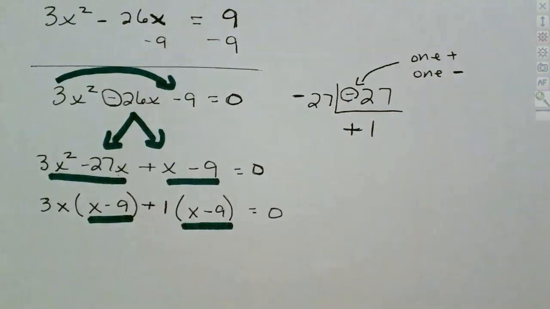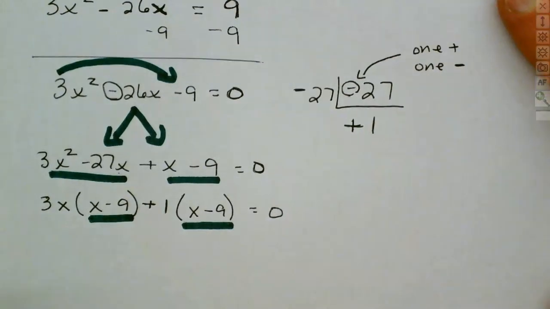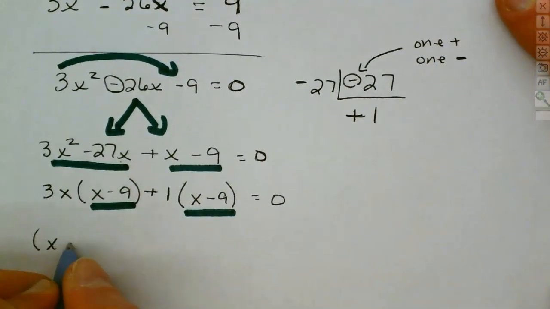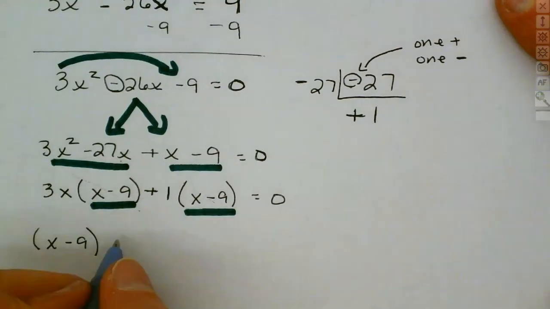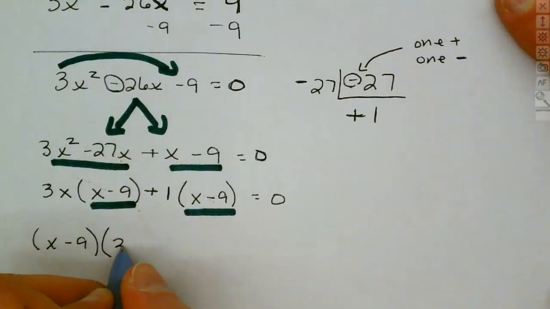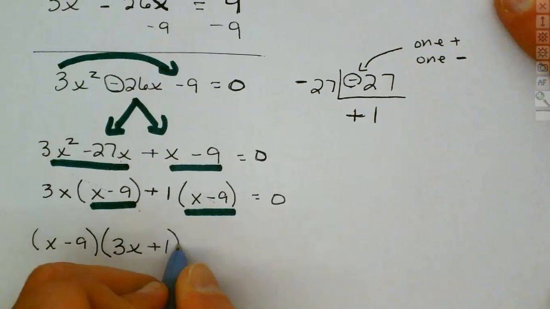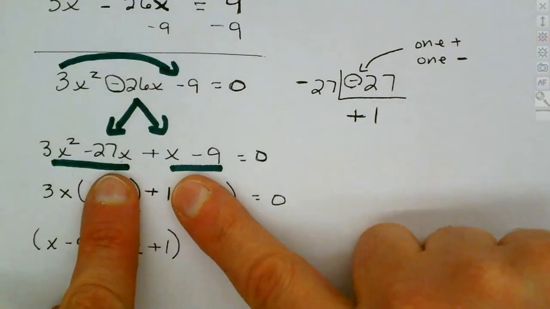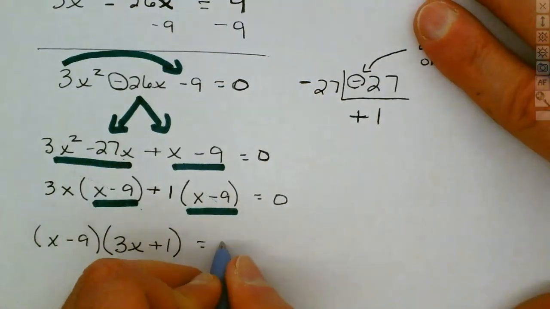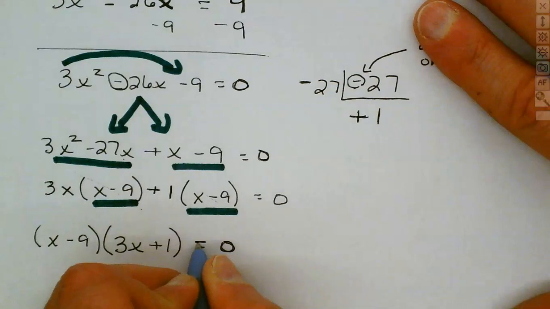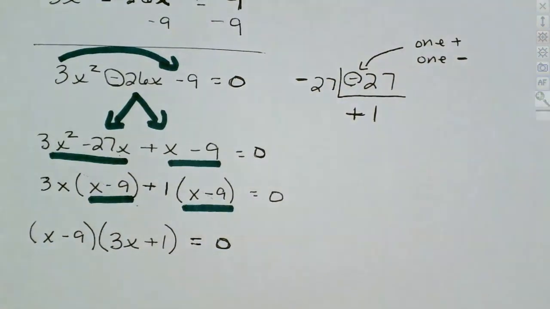Are our parentheses exactly the same? Yes. So an x minus 9 comes out in front. And that's gone, and that's gone. And what is now left over? 3x plus 1 is left over because I covered it up. And what's left over? 3x plus 1, and that equals now what? 0.